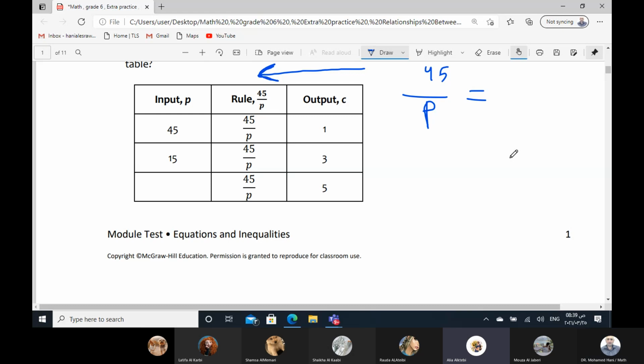Mr., is the answer 9? Okay, maybe, Alia, thank you. Who has a different answer? Mister, my answer is 9. Okay, thank you, Moza. Who has a different answer?